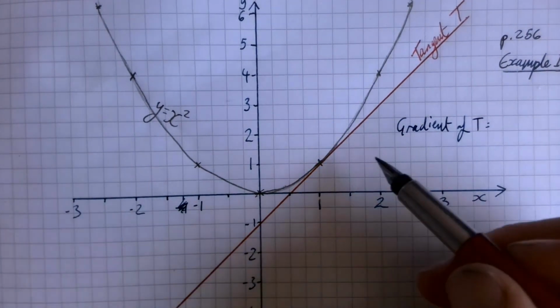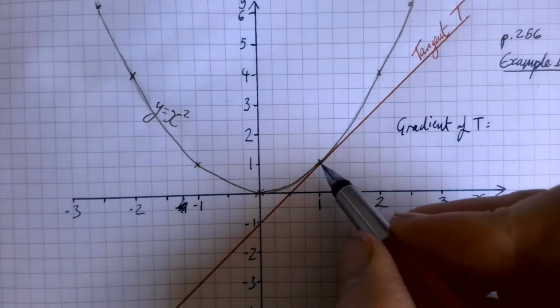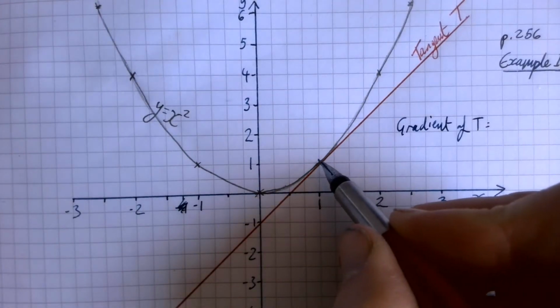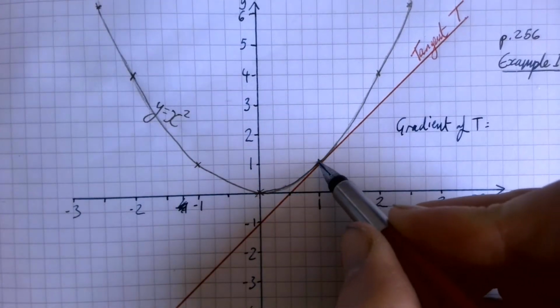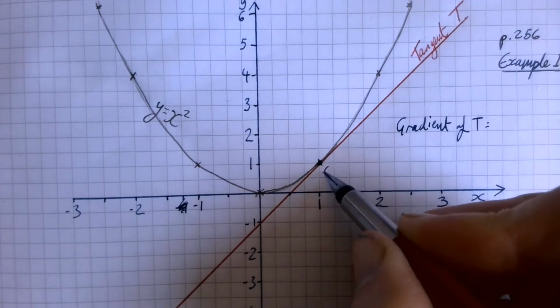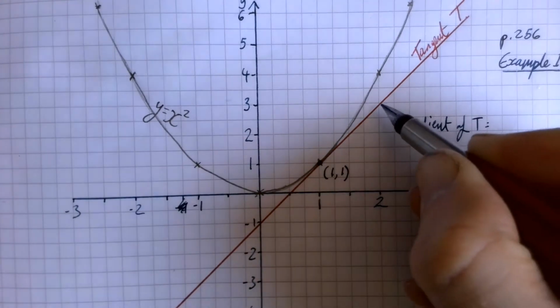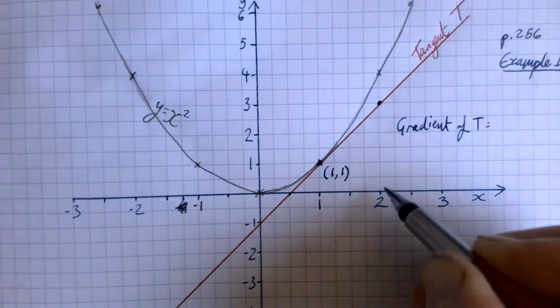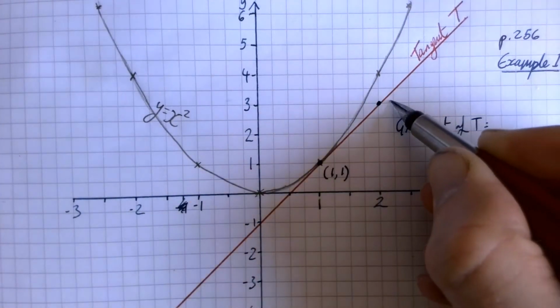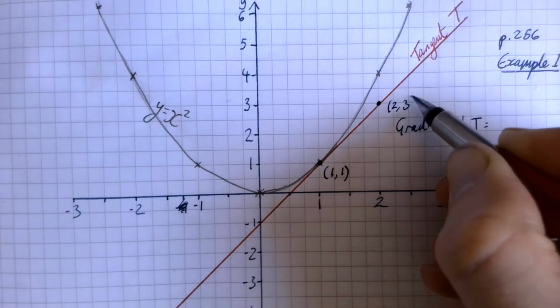And in order to do that, we just need to look at the points that we actually know here, because it's been drawn on here for us. So we've got one point here, which is 1, 1, and we've got another point here, which is 2, 3.